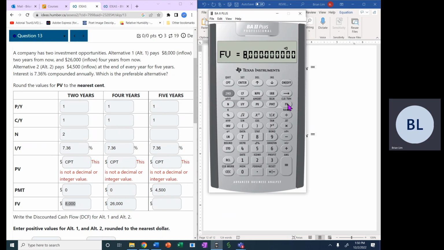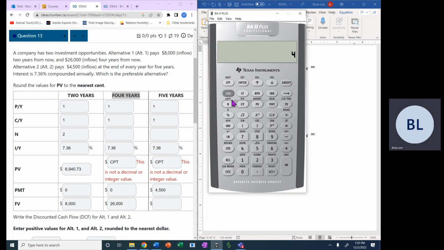So that would be a future value. Now we go and we compute the present value and we get $6,940.73 if we round it to 2 decimal places. Okay, so that is for 2 years. Now these two are very similar except for these two numbers right here, this N value and this future value. So N now is for 4 years.